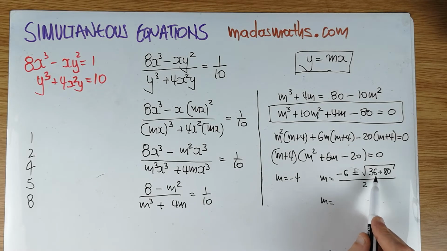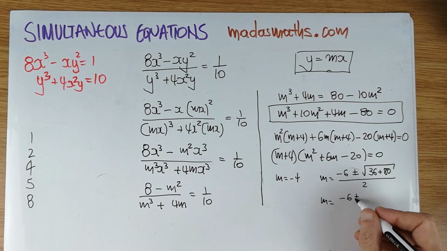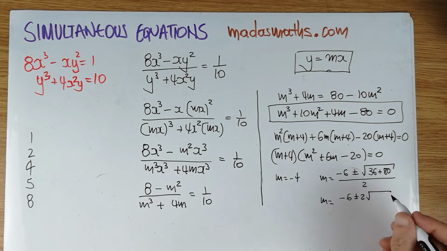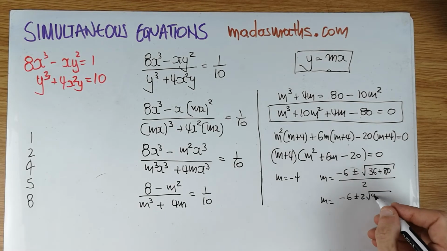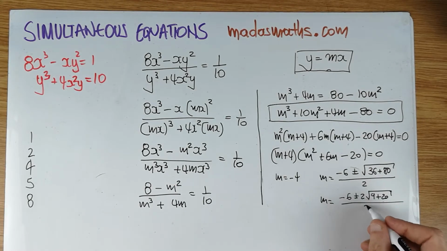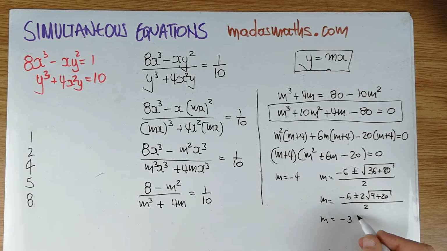So if we factorize a 4 out, we're going to get a minus 6, and the 4 coming out is going to be a 2, and we divide by 4, so that's 9 plus 20 over 2. So m is minus 3 plus or minus the square root of 29.